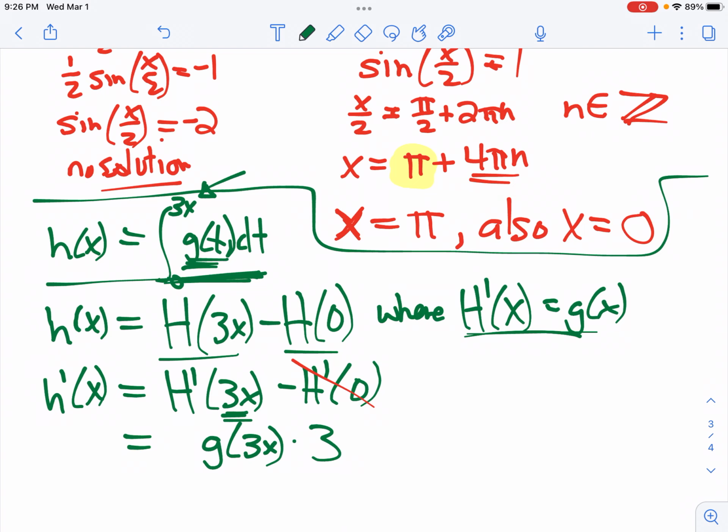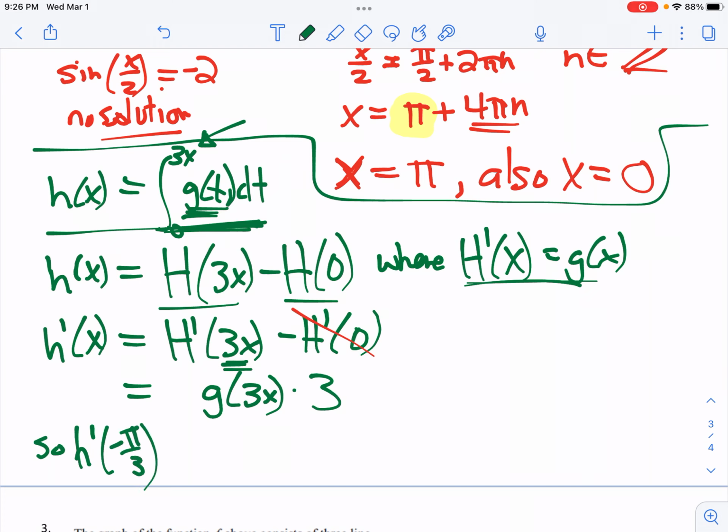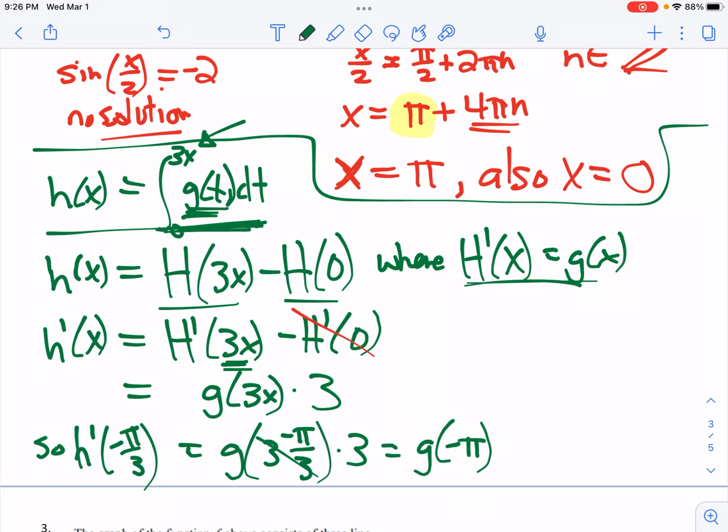Now, wow, I need to go back and see what my input is. So I want h prime of negative pi over 3, means I'm looking for g of 3 times negative pi over 3, times 3. That means I'm looking for g of negative pi, times 3.